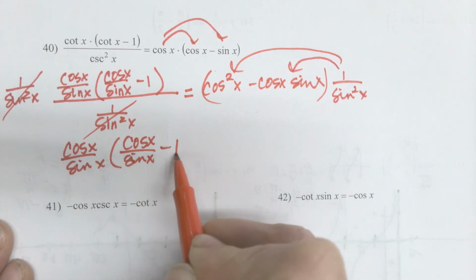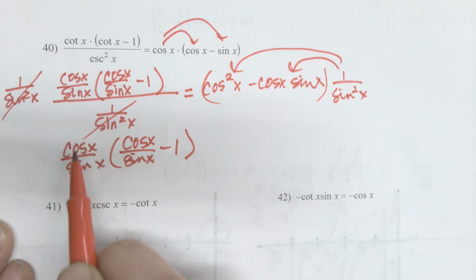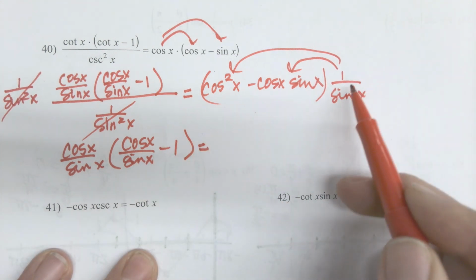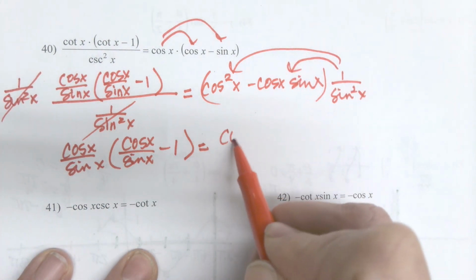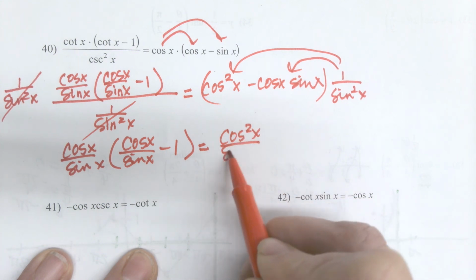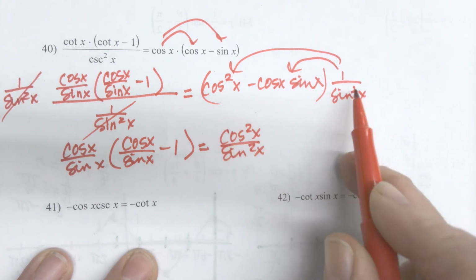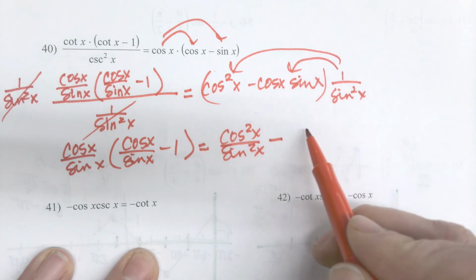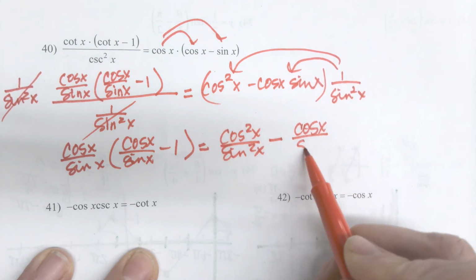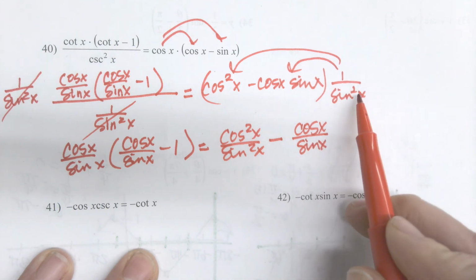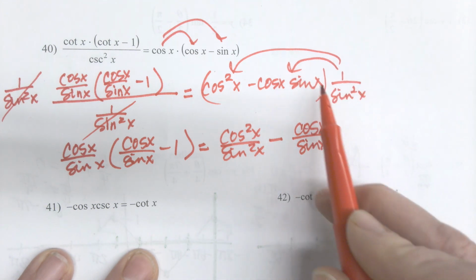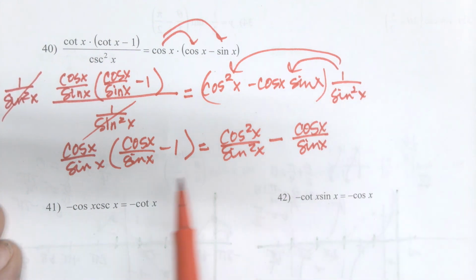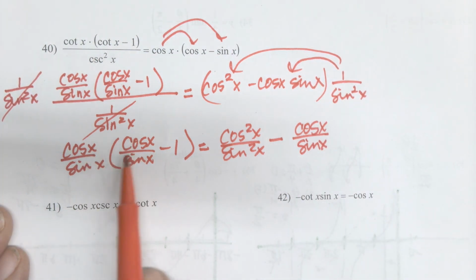And actually, if this was me doing this problem on my own, I might even distribute that part right away. You could. But over here, that leaves me with cosine over sine squared over sine squared when I multiply that, minus cosine over just sine, because the sine x on top is going to cancel out one of those sines on the bottom, okay? Which now I can see right away where this is going.